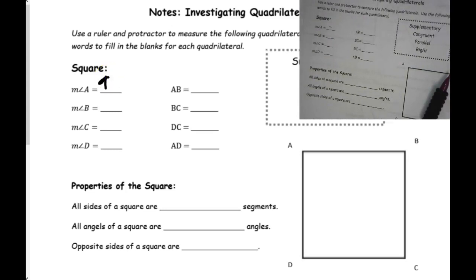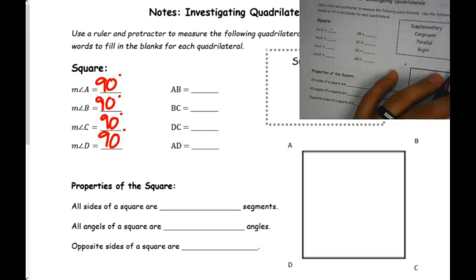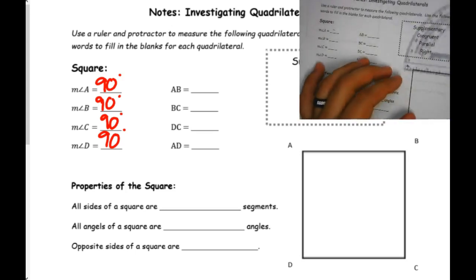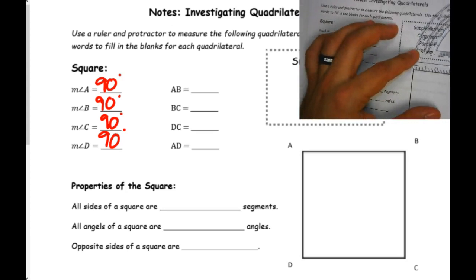So that's something we know. 90 degrees. Okay, and then we want to measure AB, BC, DC, and AD. And we can do that using the bottom part of the protractor. It's about 2 inches, a little bit more, but we'll just say 2 inches.